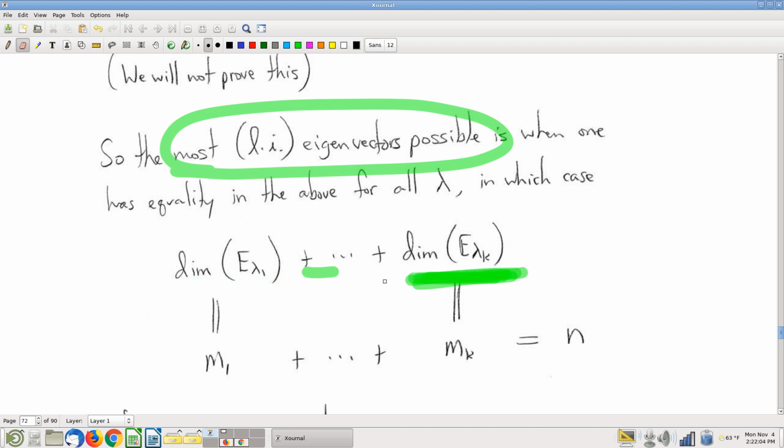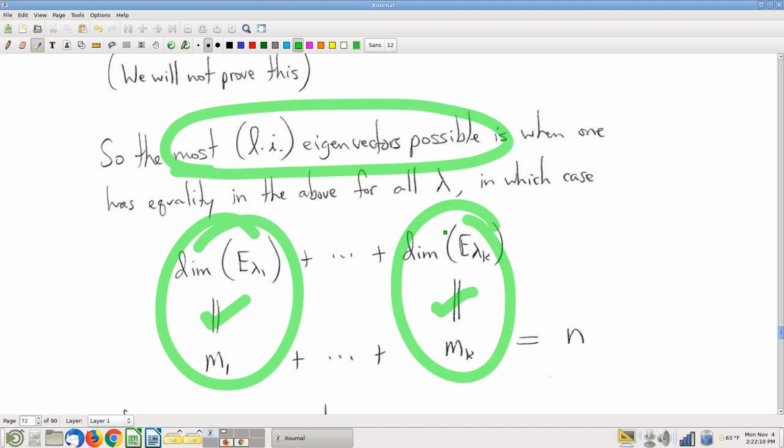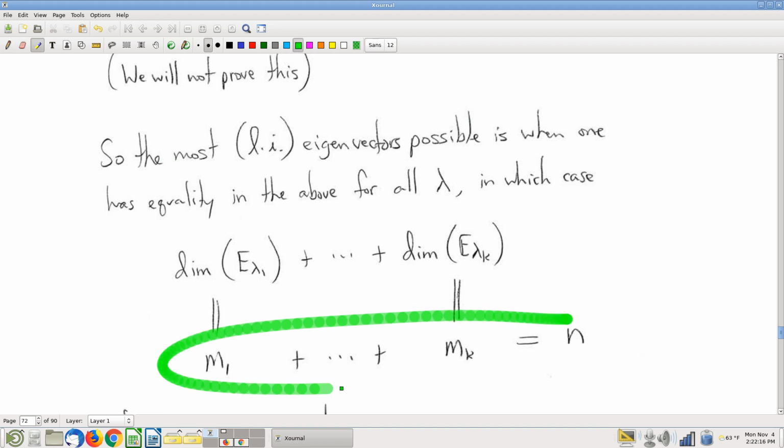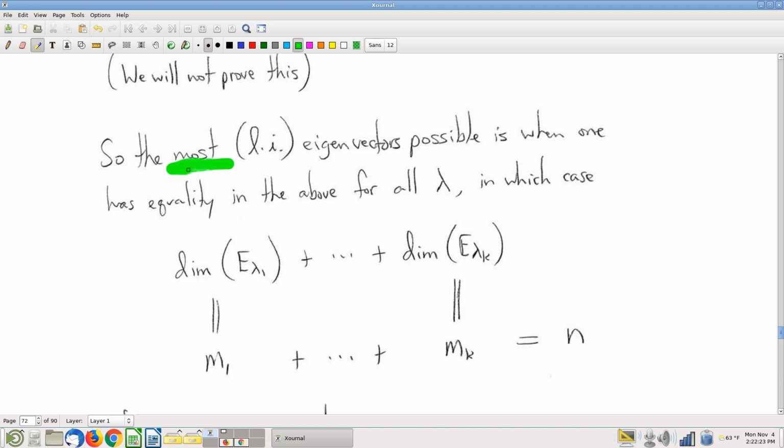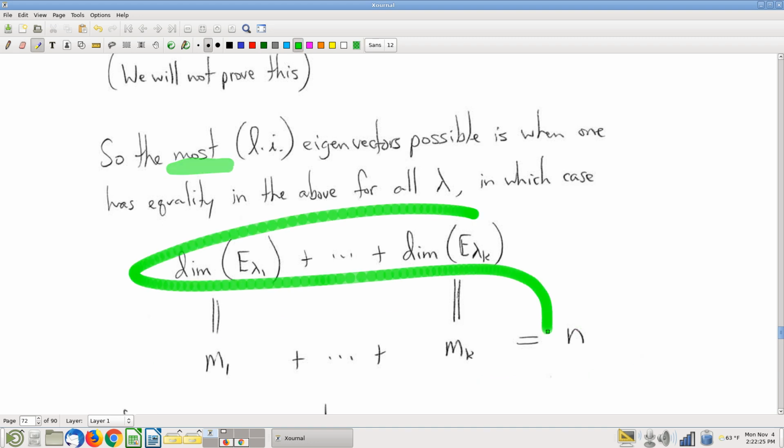Well, best case scenario, the number of eigenvectors for a given eigenvalue is the multiplicity. That's the best case scenario. Those multiplicities, of course, add up to n. So, therefore, the maximum possible number of eigenvectors is n. If you have an n by n matrix, n is the maximum number of eigenvectors you could have.